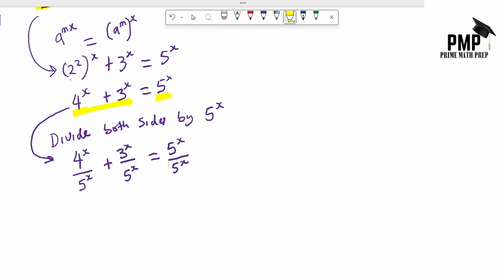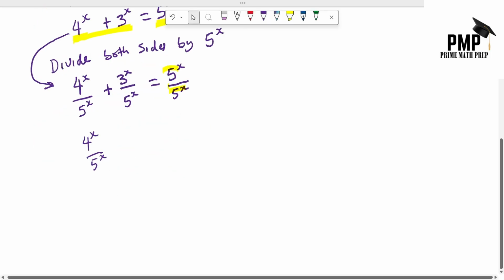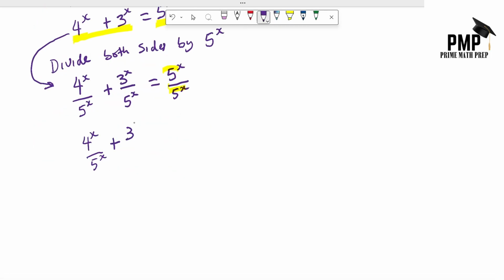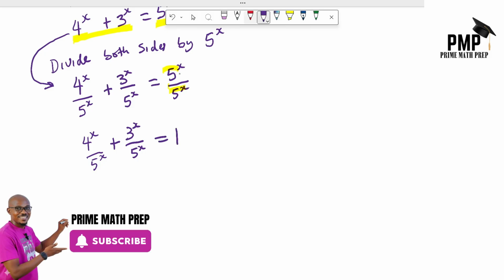So this here will give us 1 because they will cancel out. Now this will become 4 to the x all over 5 to the x, plus 3 power x all over 5 to the x, equal to 1.